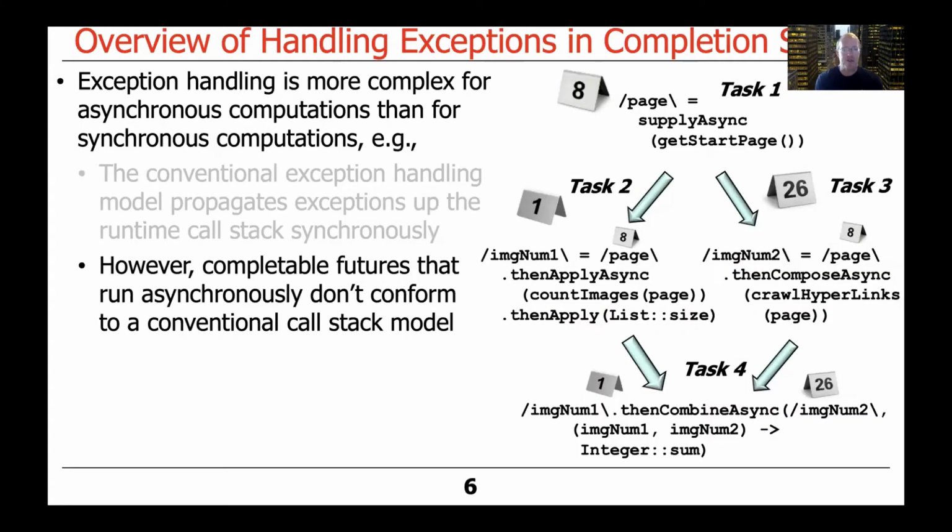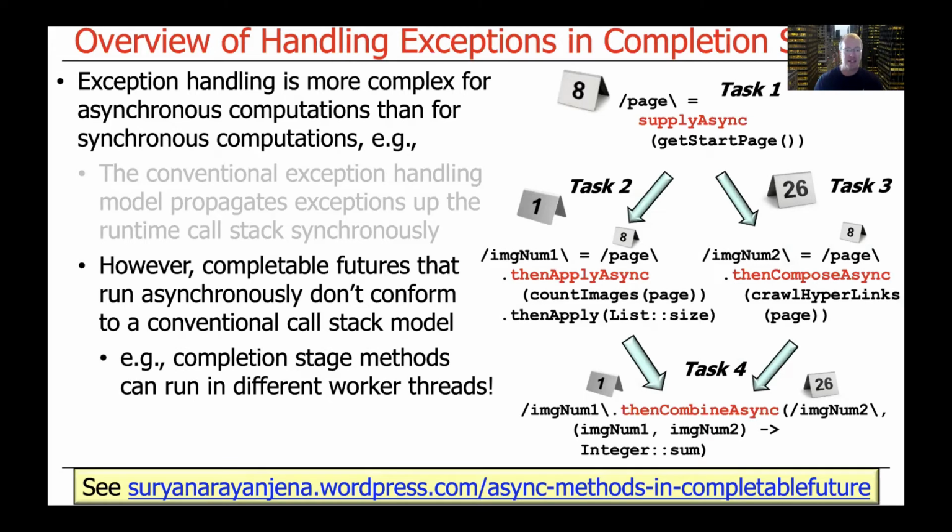Completable futures, however, that run asynchronously don't conform to the conventional call stack model. That's because the completion stage methods will typically be running in different worker threads than the thread that initially invoked them. And that thread may be off doing something completely different by the time an exception occurs.